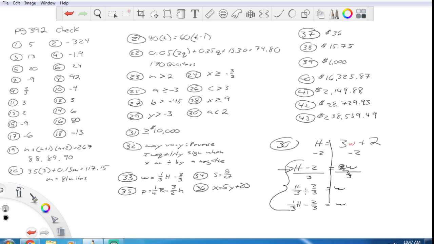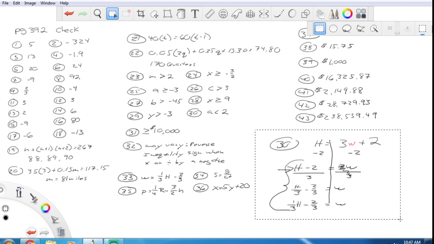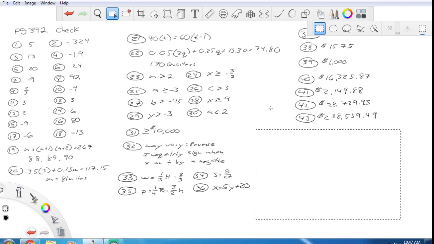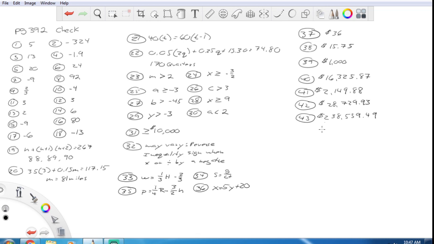I just did 34, so I'll look at 35. 35 is probably the same kind of issue you had with 30, because you get that fraction going on there. So if I did 35, you have r equals 6n plus 4p, and then the p is what's in red.